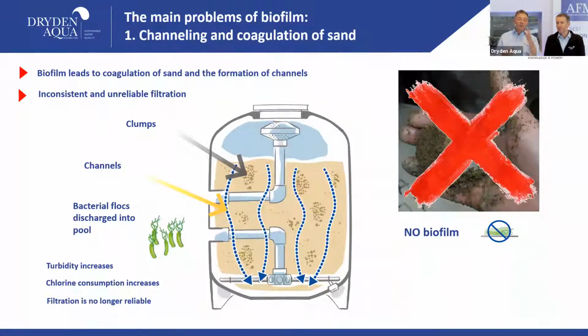And this is really when you start to get this clogging, this channeling. Everybody of you, if you change the sand, the first few weeks, it's working perfectly. It's working really good. You get the problem later on. This is because of the autotrophs. And a lot of people, that was also new for me. It was hard for me to believe that bacteria can grow on sand. Yes, it can.